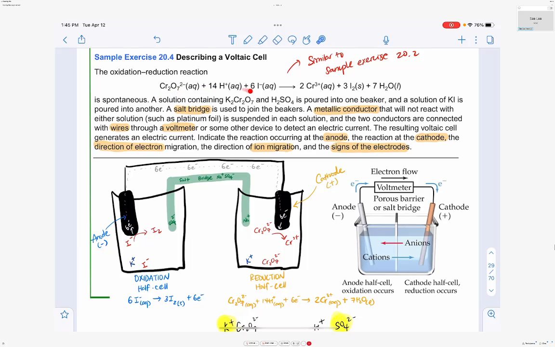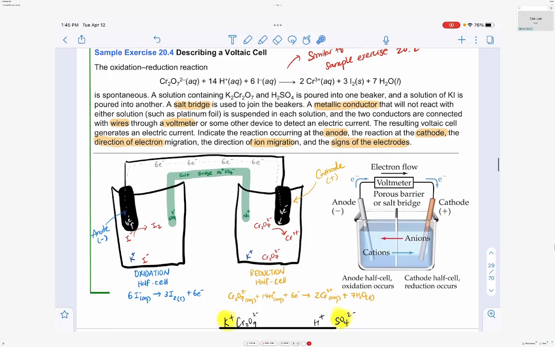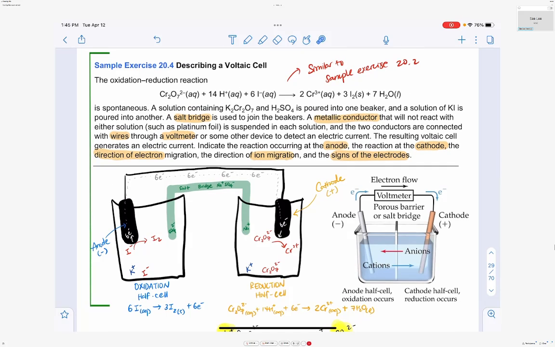The coefficients are exactly the same. Everything is pretty much similar. So in the previous sample exercise, we have already figured out the reduction half reaction and oxidation half reaction for this redox reaction involving dichromate. So figuring out the reduction half reaction, oxidation half reaction for this reaction shouldn't be too difficult.